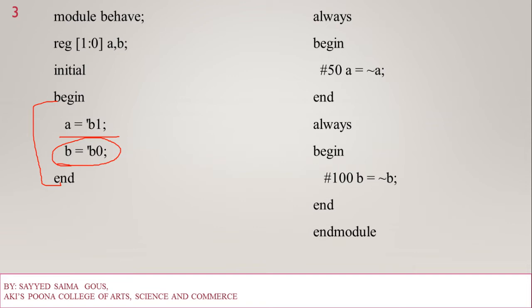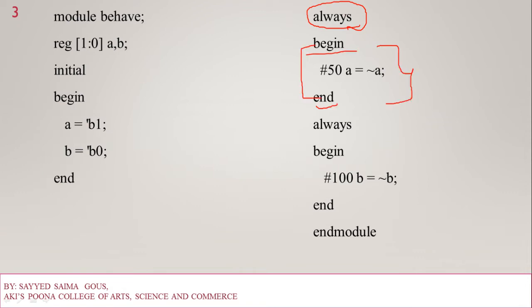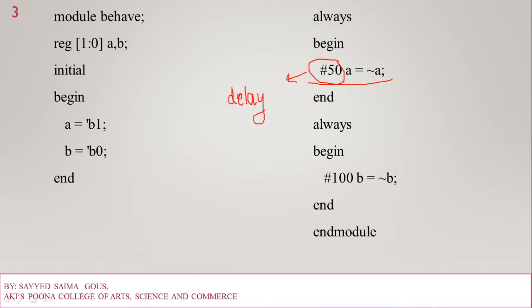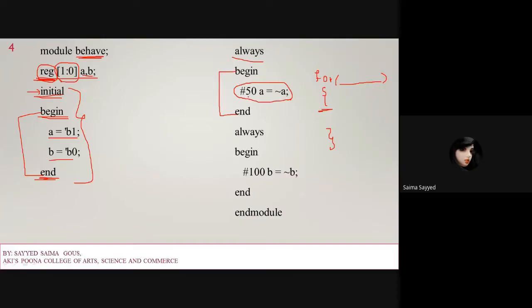Now always. This is the other statement. Again it starts with begin and ends with end. Now #50 a equals not of a. This is a delay or timing. What is the meaning of #50?